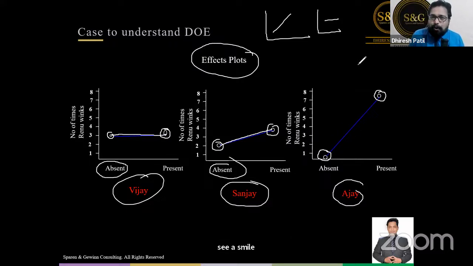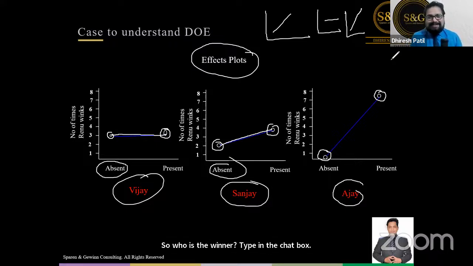Look at the slope, maximum slope. So who is the winner? Type in the chat box. Who is the winner in this context? Type in the chat box, guys. Ajay. Why?